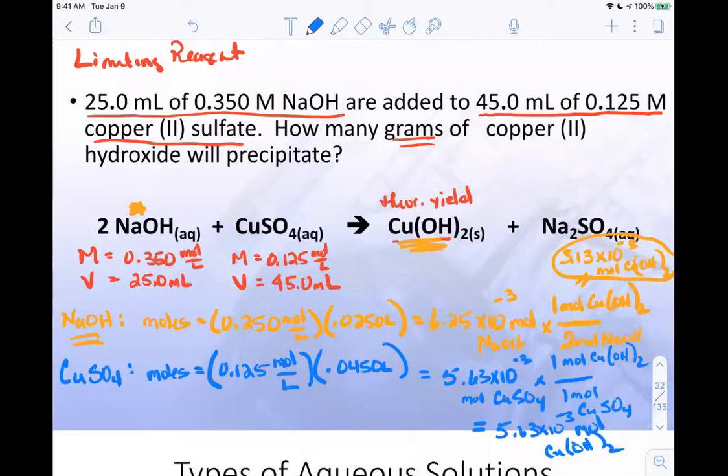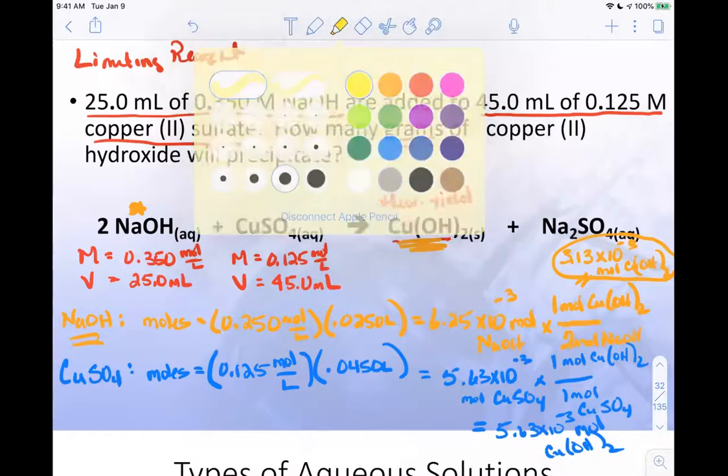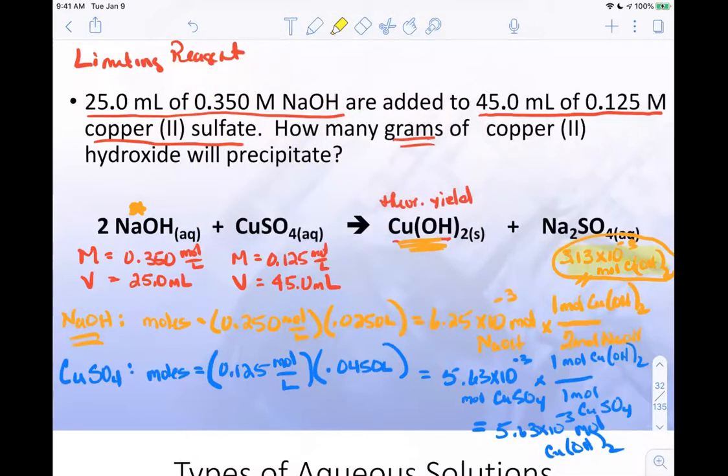So what's smaller? Is this a smaller number or is this a smaller number? Because I only have enough of sodium hydroxide to make 3.13 times 10 to the minus third moles of copper hydroxide. So this is going to be my limiting reagent.